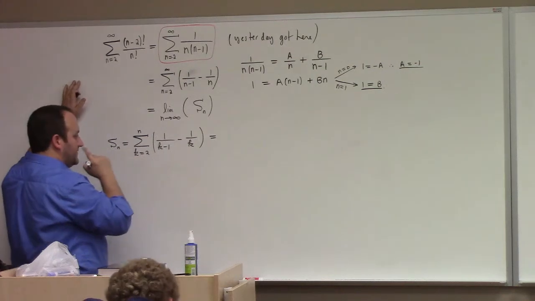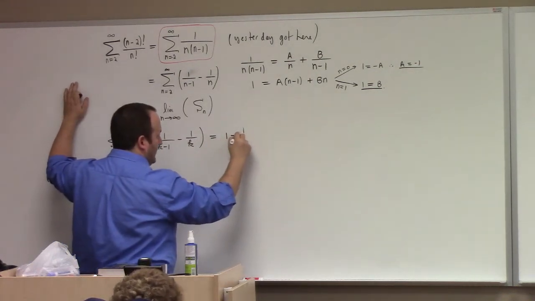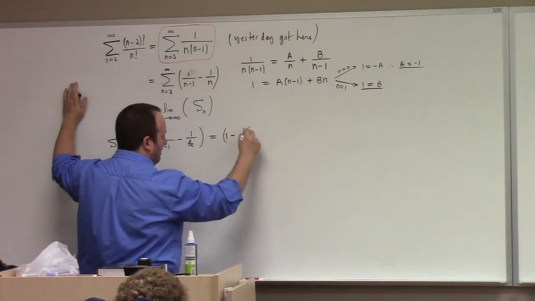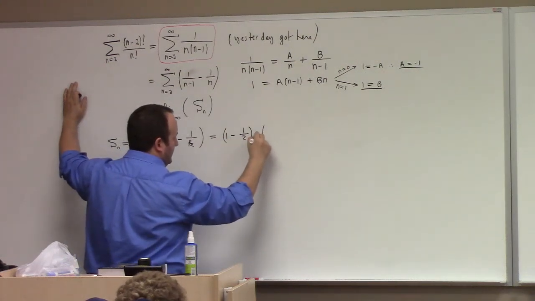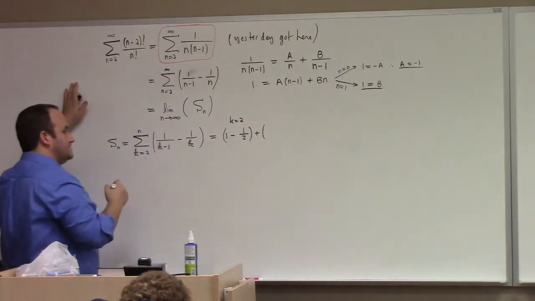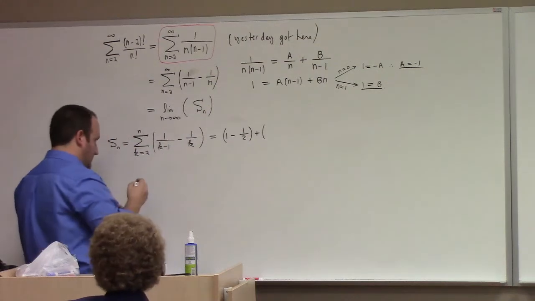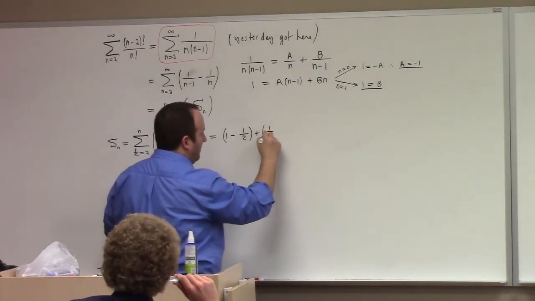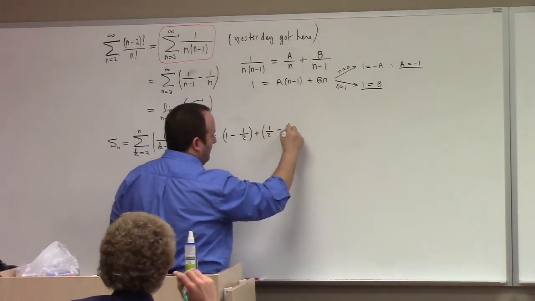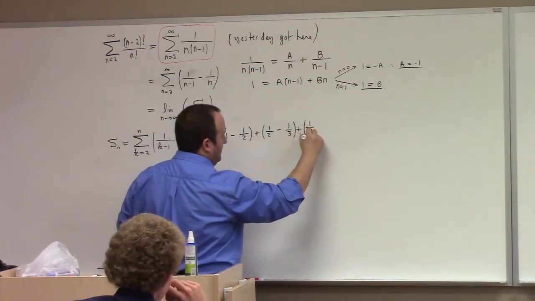K equals 2: what do I get? 1 minus a half, right? What does k equals 3 give me? A half minus a third. And then k equals 4 gives me a third minus a fourth, yeah?